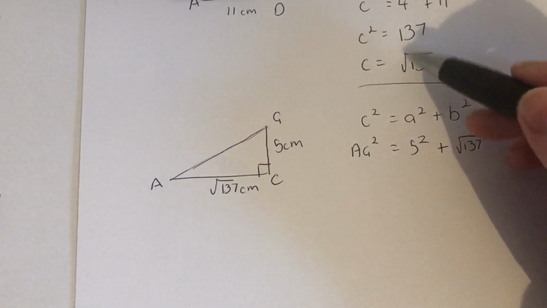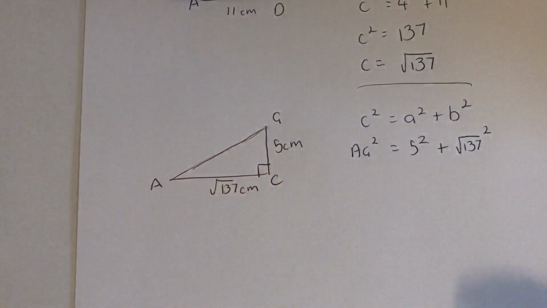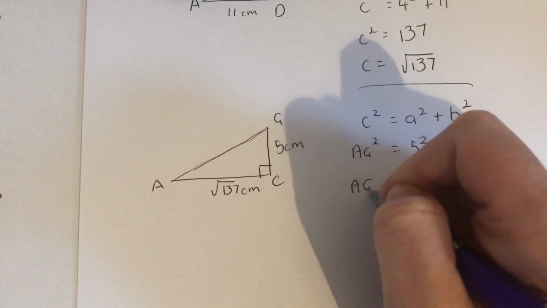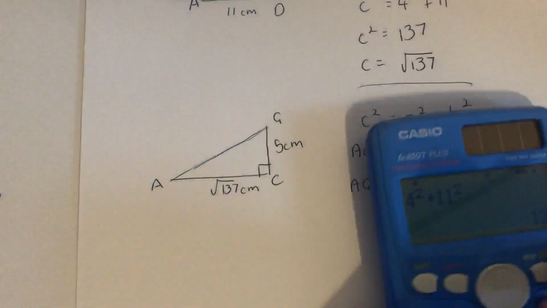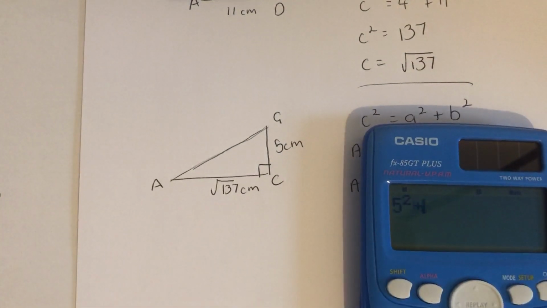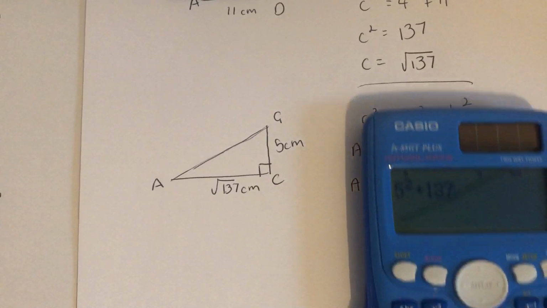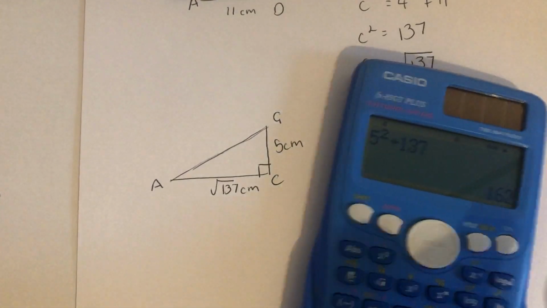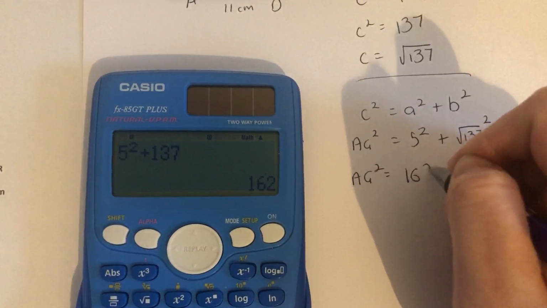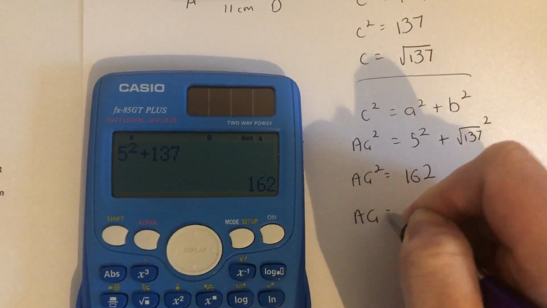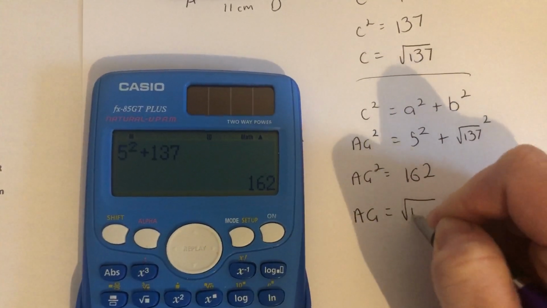Whereas if we'd rounded this answer before, we'd start to lose a little bit of accuracy. So AG squared equals 5 squared plus, you can either put in the square root of 137 squared or just put in plus 137. So AG squared equals 162. That means that AG equals the square root of 162.